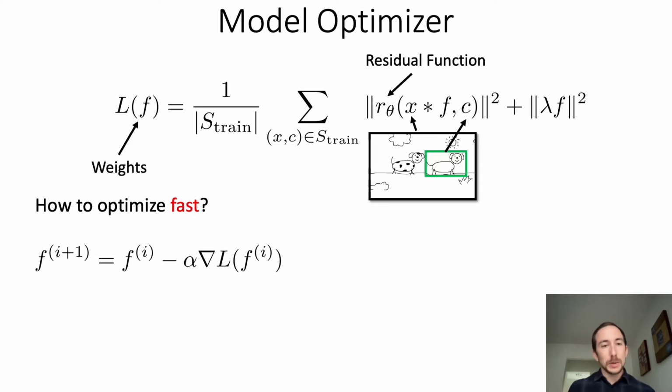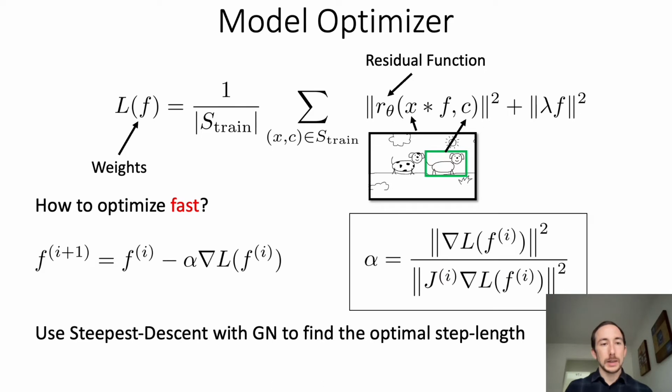So a very simple thing we can do that is still incredibly effective is steepest descent. Here we calculate the optimal step length in the gradient direction. By applying a Gauss-Newton approximation, a quadratic approximation of this objective, we can derive the optimal step length according to this simple formula that is also very easy to implement.